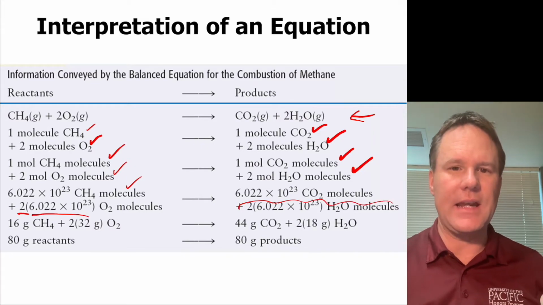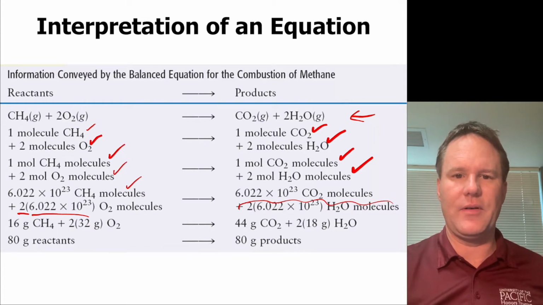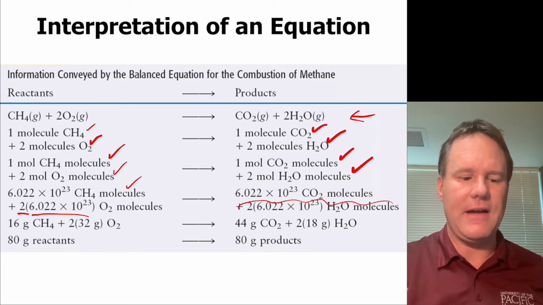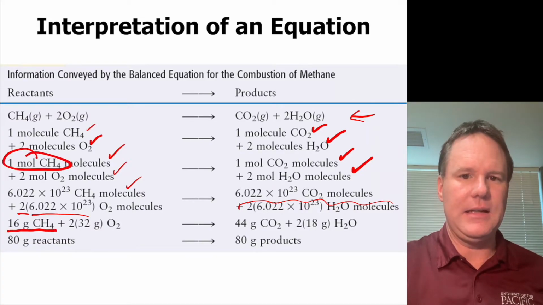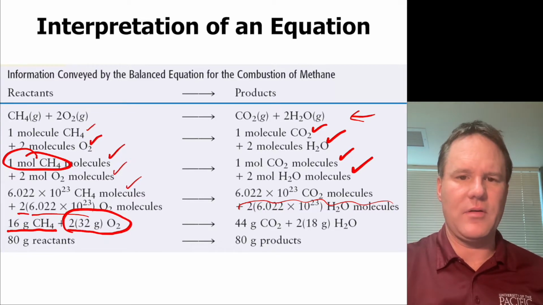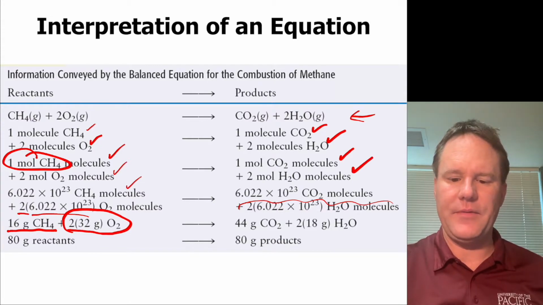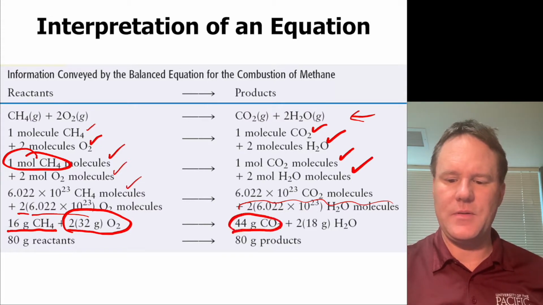Or I can also say, and this is the important part, this is really for stoichiometry. If I take 16 grams of methane, which corresponds to 1 mole, it will need to react with 2 times 32 grams or 64 grams of O2 to give you 44 grams of CO2 and 2 times 18 grams of water.